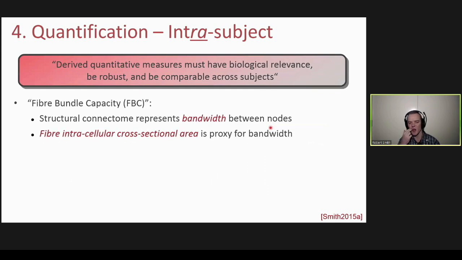This has been some of the work that I've been doing myself historically. The basic idea here is that we want some measure of kind of bandwidth, the information carrying capacity between different nodes of the network. And the way that we're going to at least try to quantify this is by capturing the intracellular cross-sectional area of fibers.